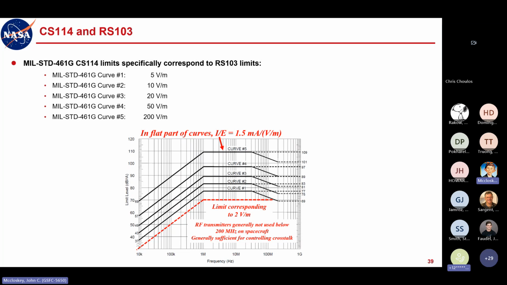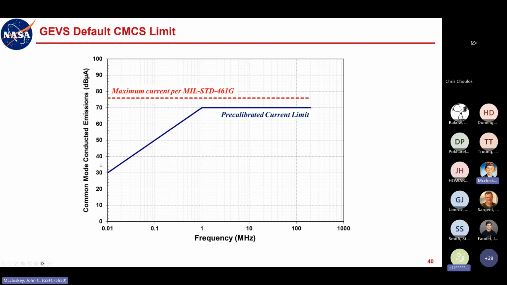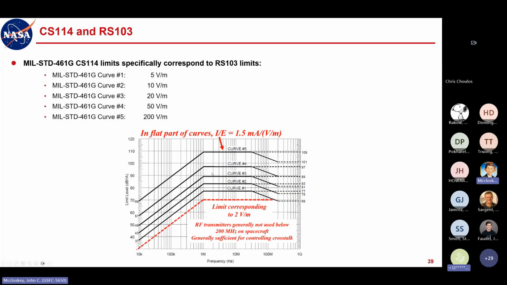That was the generic curve normalized per volt per meter. So for 2 volts per meter, we shift the curve up by 6 dB. Okay, so our plateau is 70 dB microamps, and it increases linearly from 10 kilohertz up to 1 megahertz. So note the knee in these curves is also right around 1 megahertz.